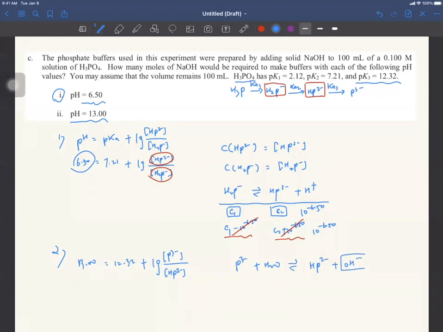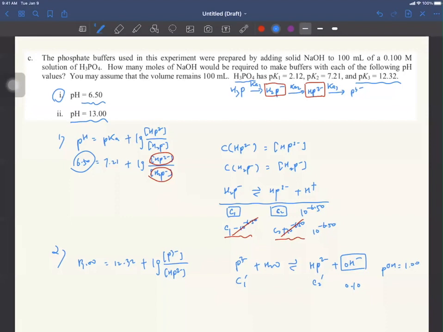The reason we use this way is because this solution is basic with a pOH of 1.00, right? So you can also calculate the C1 prime and the C2 prime here. But this time, the OH minus is 0.1 basically, right?